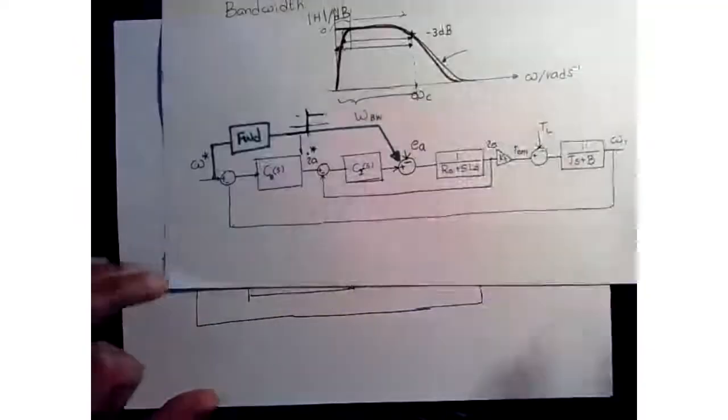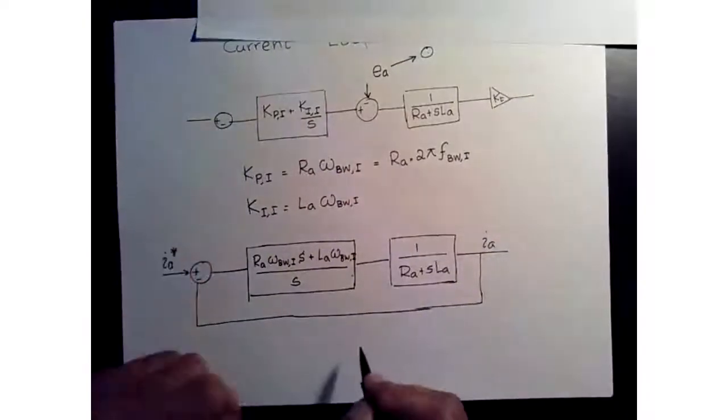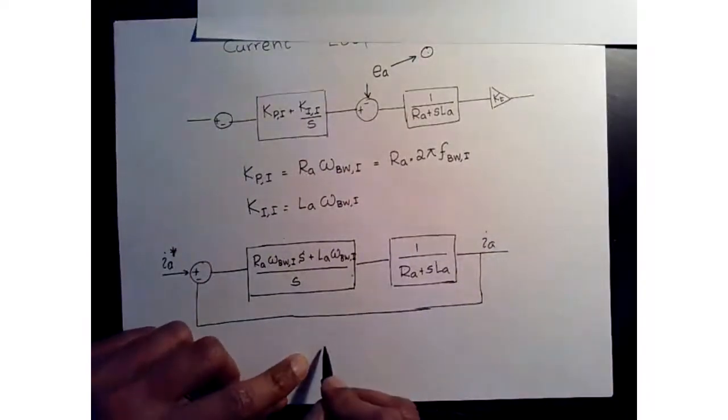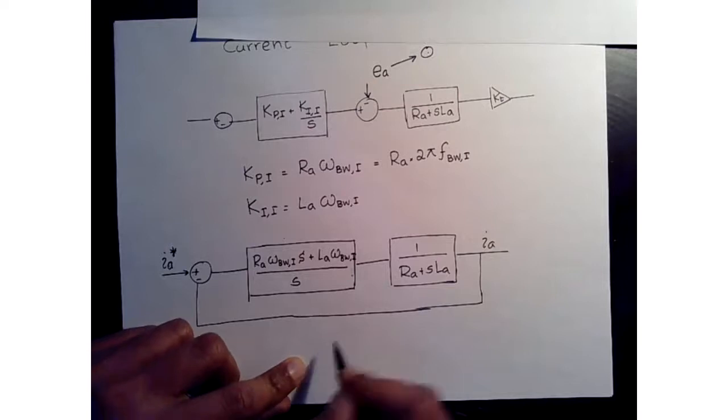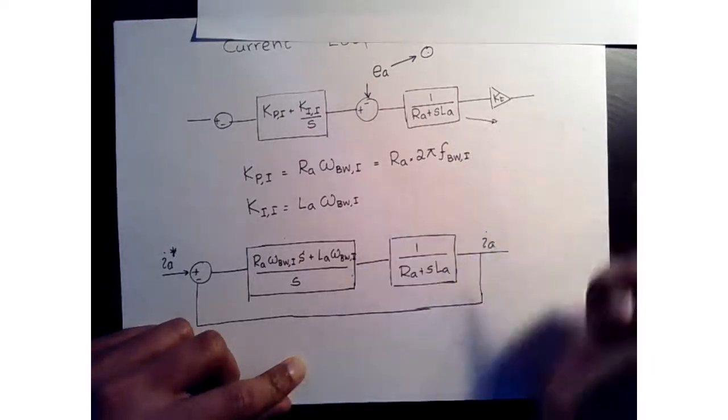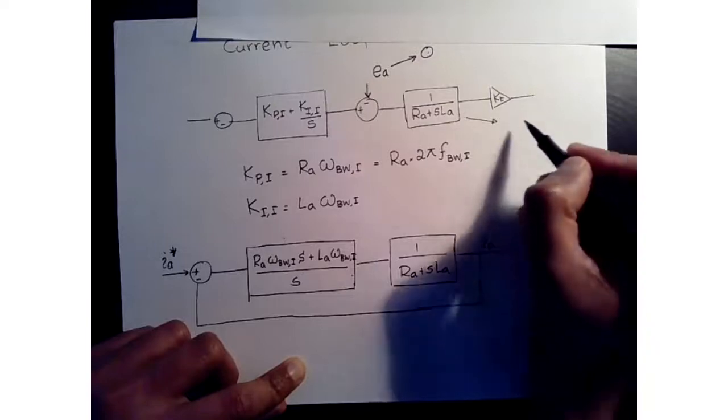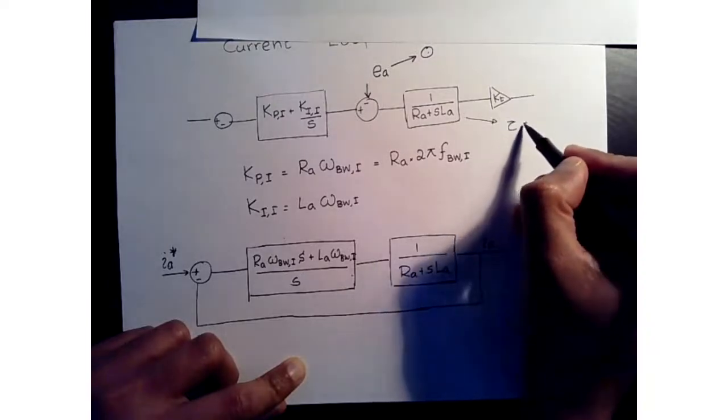We care about omega c. Now for a first order system, what do we know about tau? So let's take this guy. What is our tau?